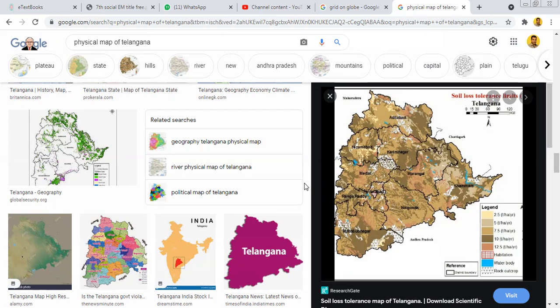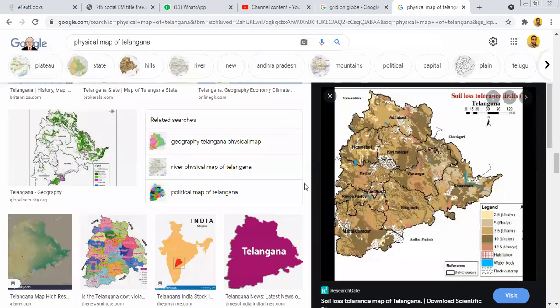By that formula, they calculate the mean sea level, the average sea level. Now we use the mean sea level height to calculate the height of different places.